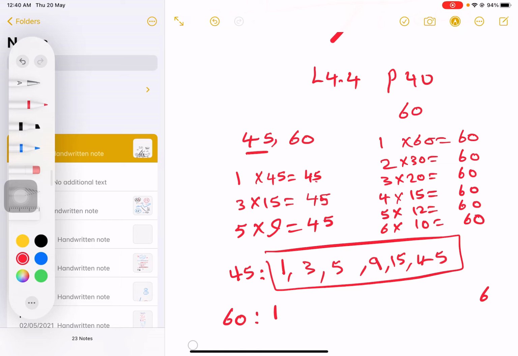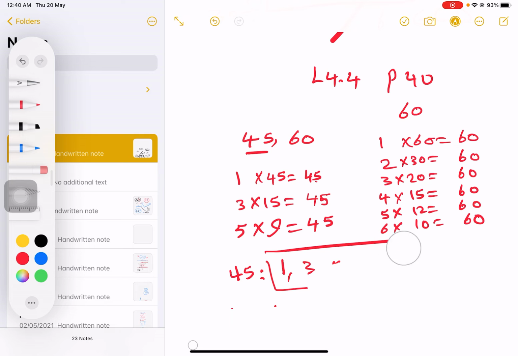1, 60. 2, 30. 3, 20. 4, 15. 5, 12. I need to write it more clearly.